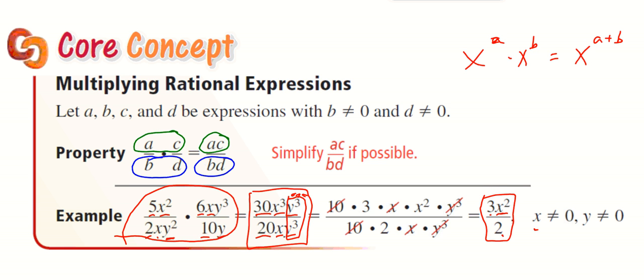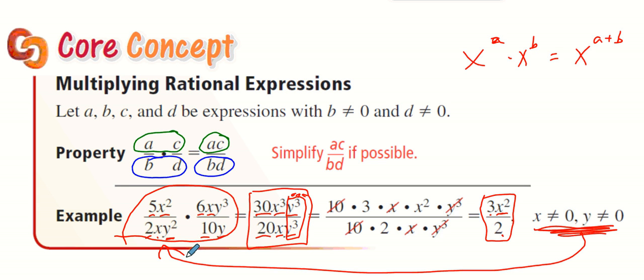Your values that it can't be equal to are in reference to making sure your domain here is consistent. So since we had x's and y's in the denominator, we know we cannot divide by 0. And if x is 0 or y is 0, we'd get that. So that's where these exclusions come from.